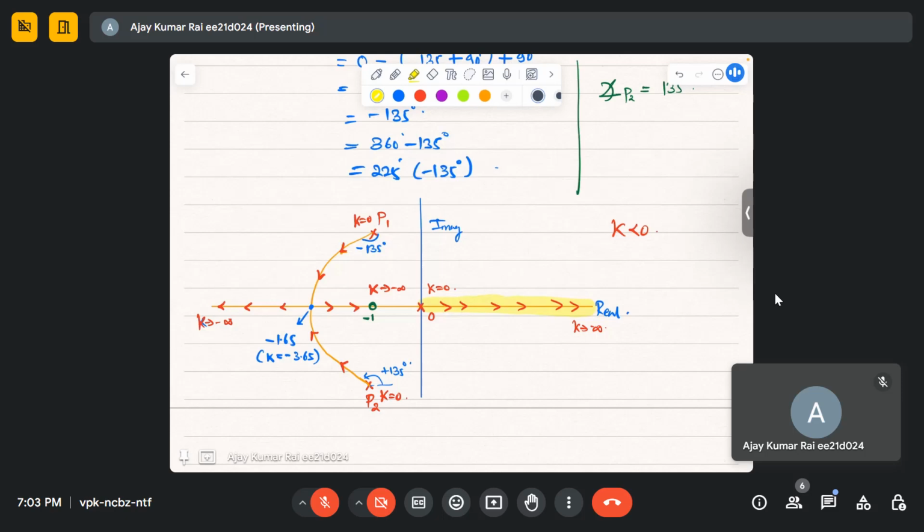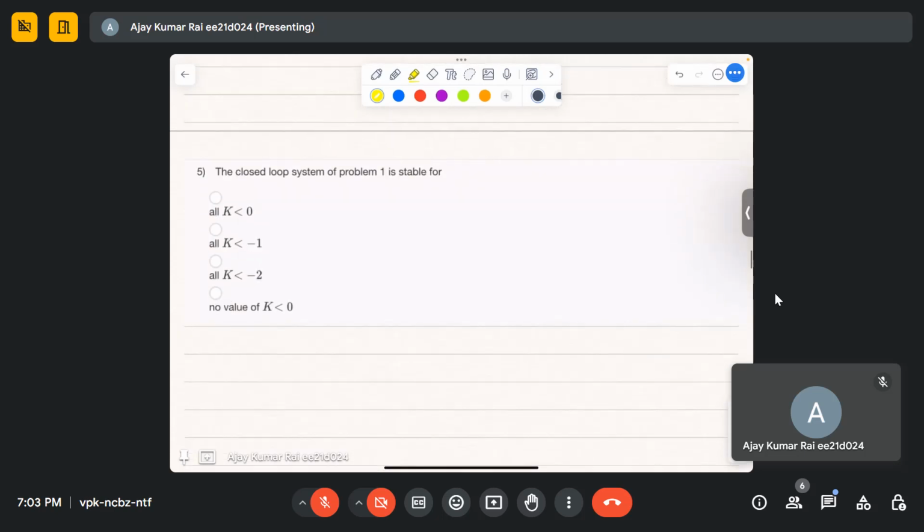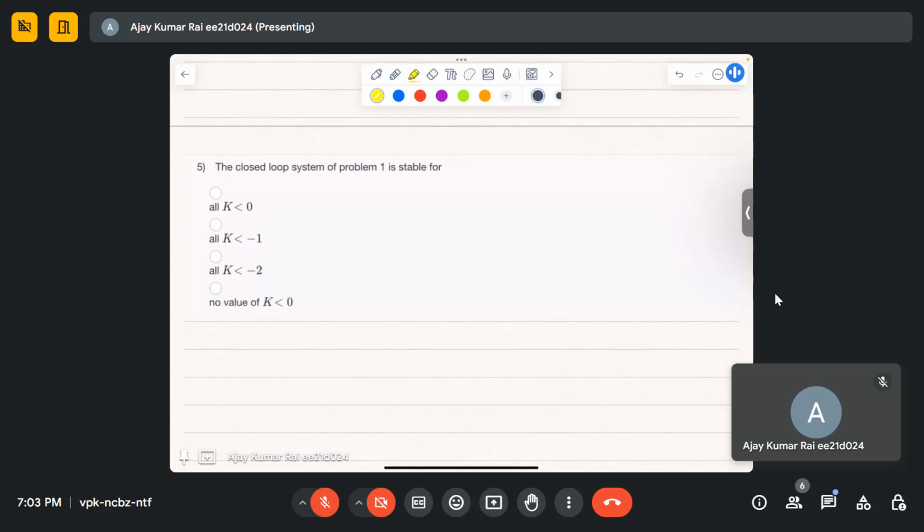So what can we say about the system? The system is unstable. Whatever the value of k you choose, we are always having root locus on the right half plane. So that's why we can say the system is unstable. So the correct answer would be no value of k.